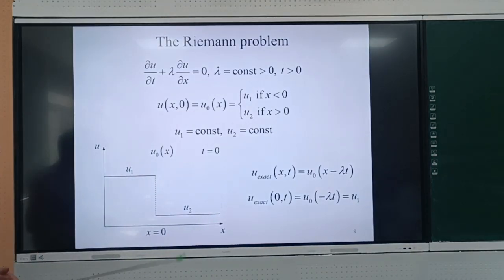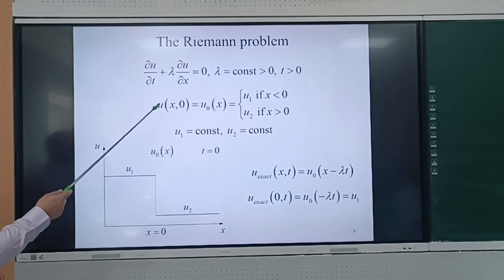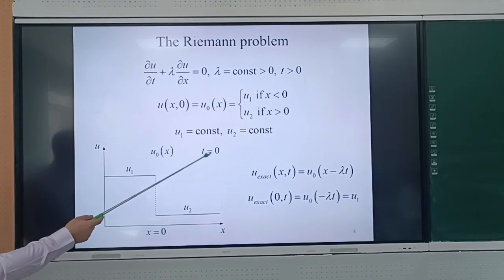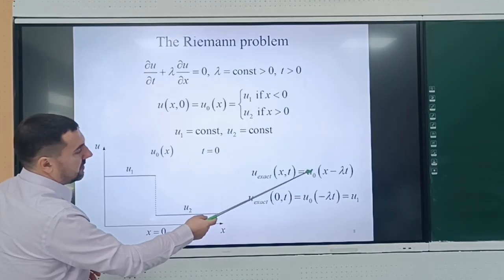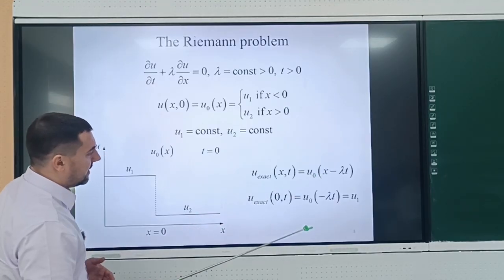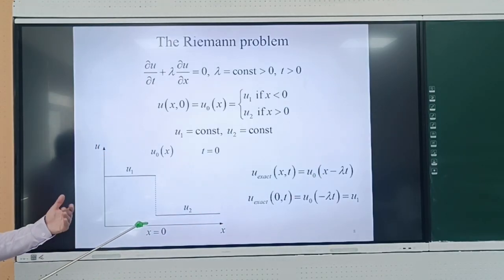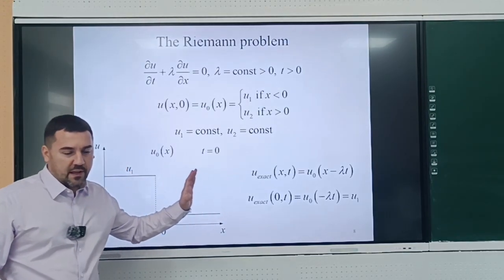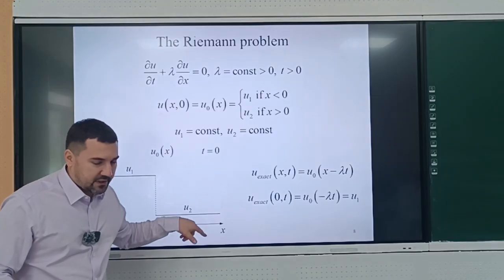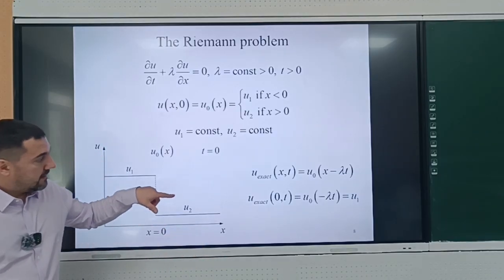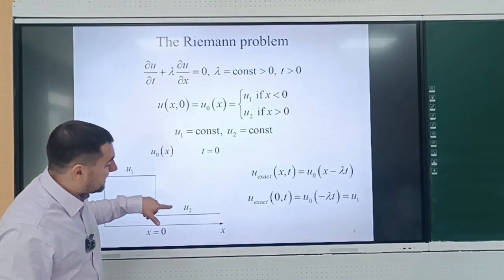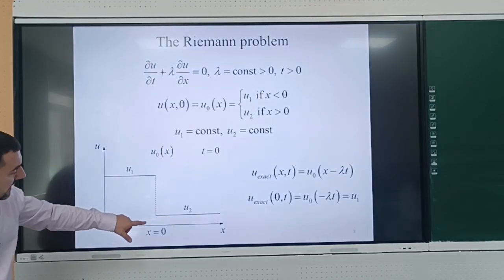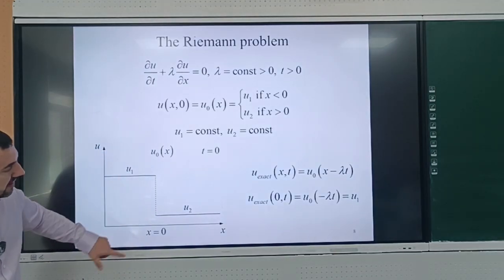The good news is that we know the exact solution of this problem; we discussed it. The exact solution is u0 of x minus lambda t. So the exact solution of the linear advection equation is the advection of the initial profile in the positive direction of x. Let's compute the exact solution at x equals 0.